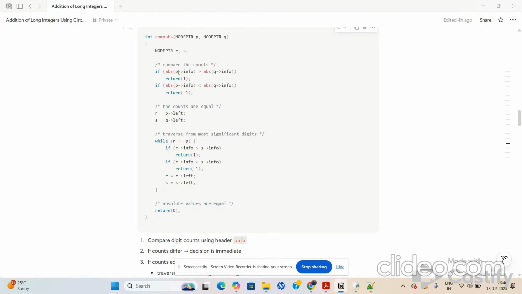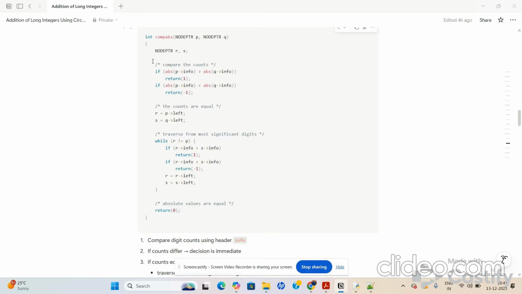In essence, the entire function has 3 possible outcomes. It returns 1 in case the first number is larger, -1 in case the second number is larger, and in a very rare condition it returns 0 if both numbers are equal.